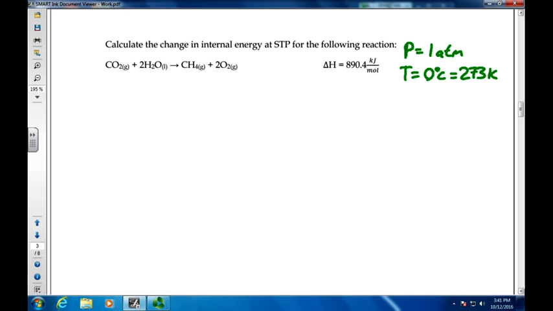but you could also bring it to 273.15 Kelvin. So now that we have that, we need to think about what the term internal energy is. Well, we do have an internal energy term, and it's delta U. Delta U is going to be internal energy.